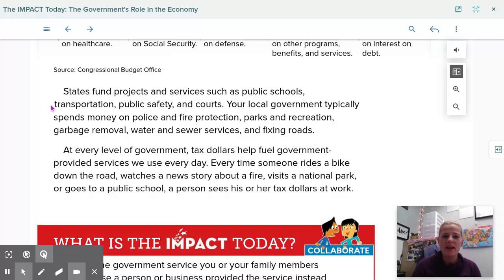At every level of government, tax dollars help fuel government-provided services we use every day. Every time someone rides a bike down the road, watches a news story about a fire, visits a national park, or goes to a public school, a person sees his or her tax dollars at work.